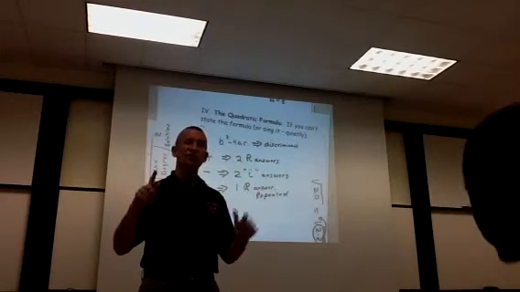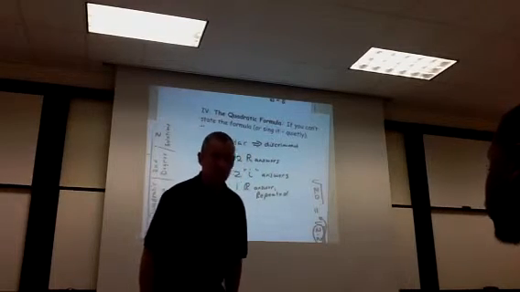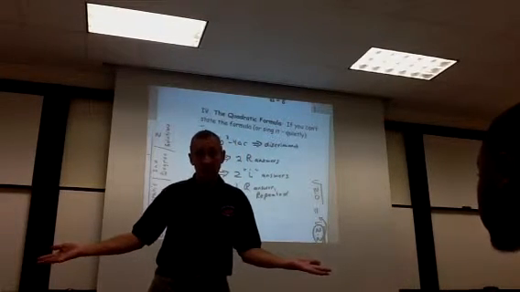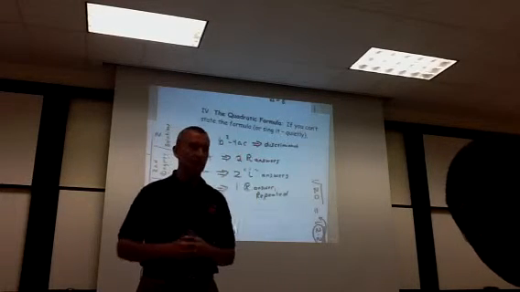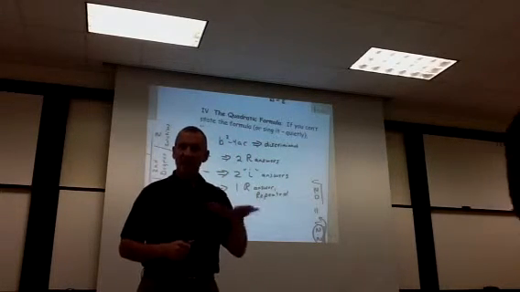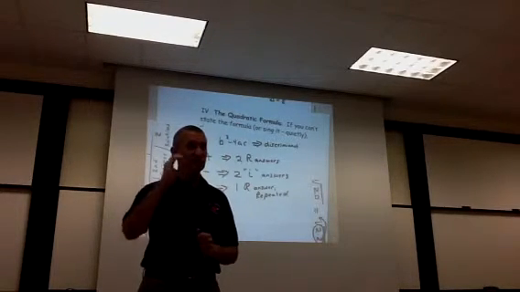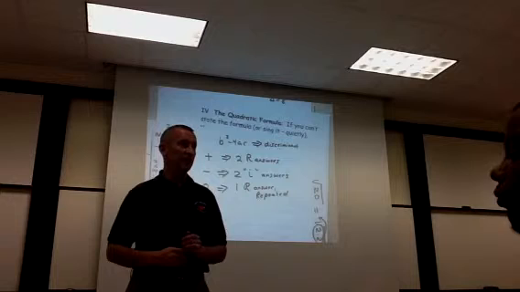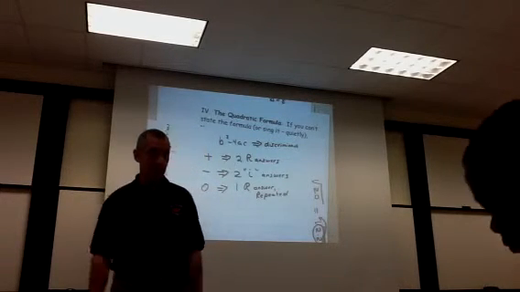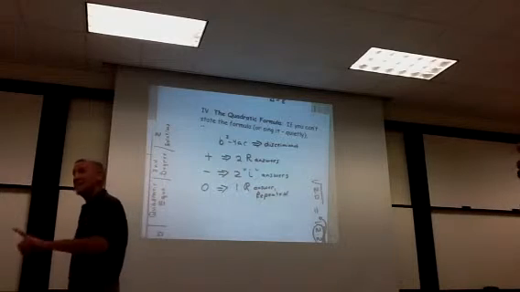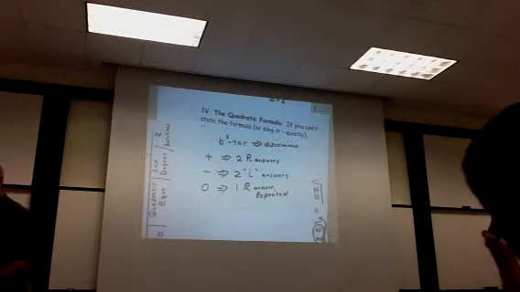Now please note the discriminant is not the square root of b squared minus 4ac. It's just b squared minus 4ac. So if b squared minus 4ac is positive, I got two real number answers. If it's negative, I got two i answers. If it's 0, I got one real number answer repeated. In other words, a double root. Okay? So you can tell a lot just by the sign of your discriminant.